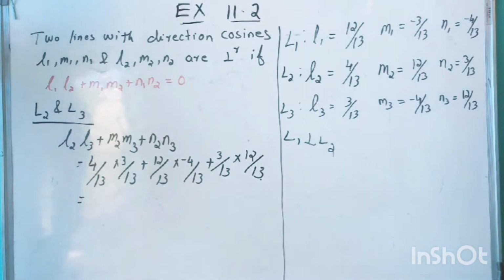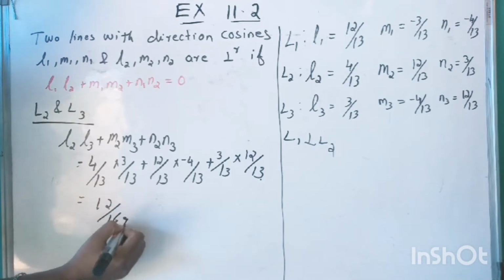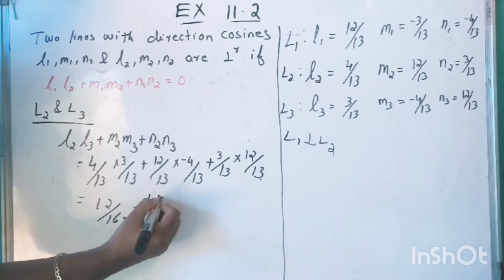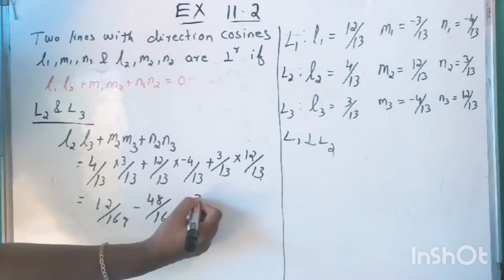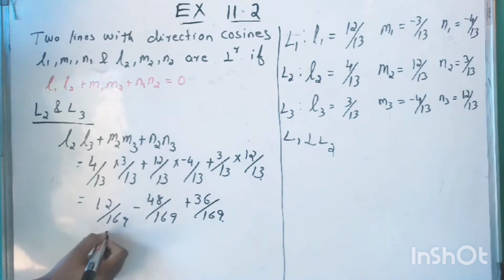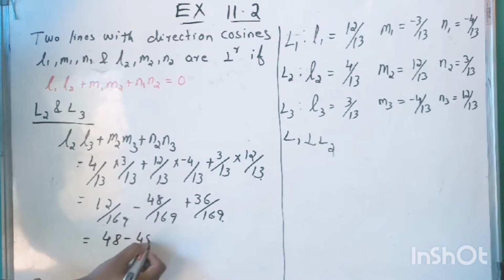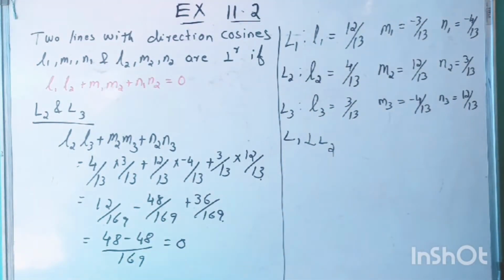And this is equal to 12 by 169 minus 48 divided by 169 plus 36 divided by 169. That also gives 48 minus 48 divided by 169, equal to 0.